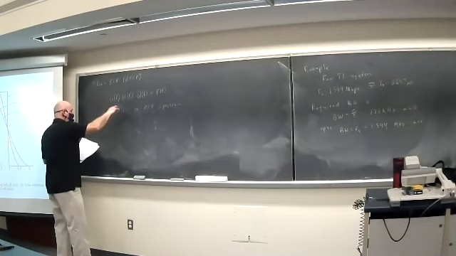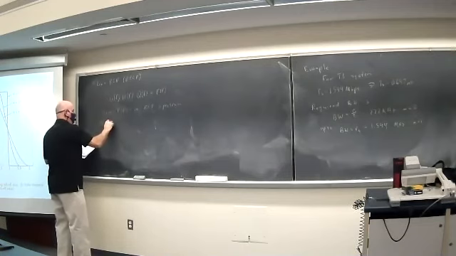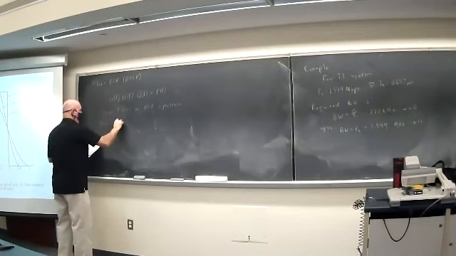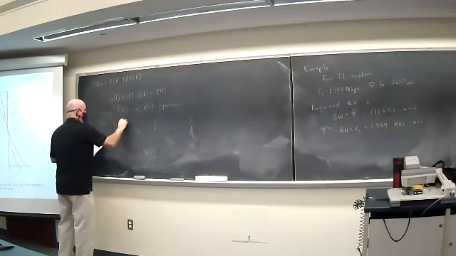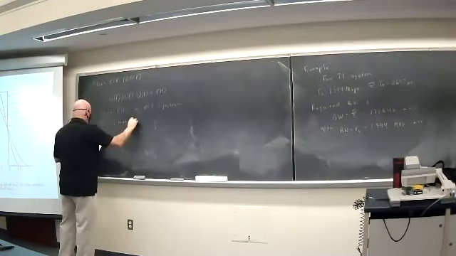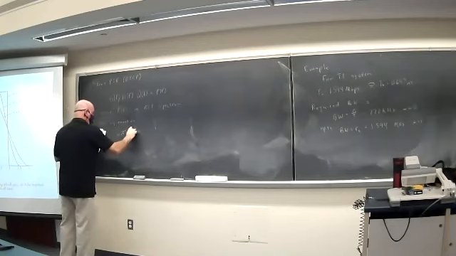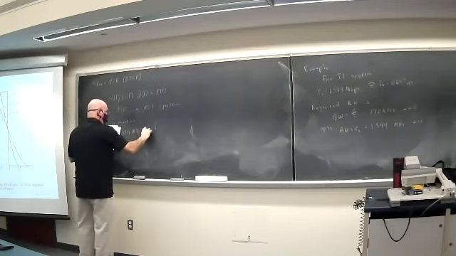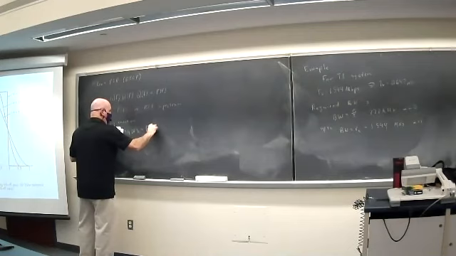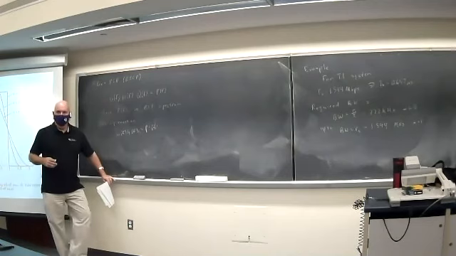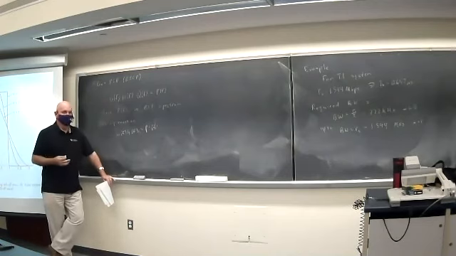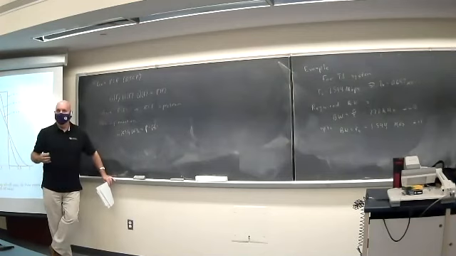Okay, so how do you get that? Well, one way is you let G of F times H of F be the square root of your desired raised cosine pulse spectrum.